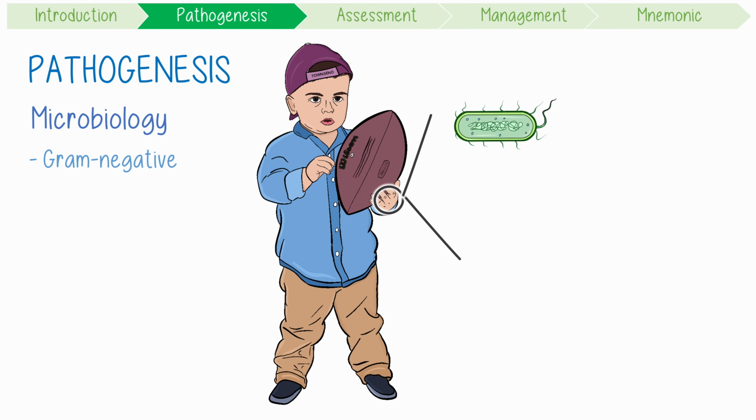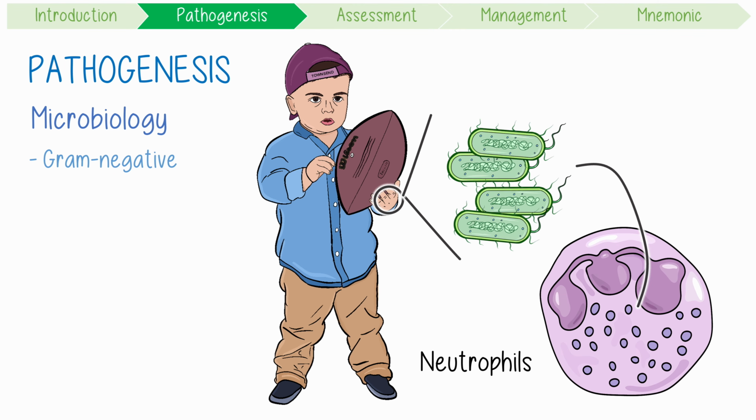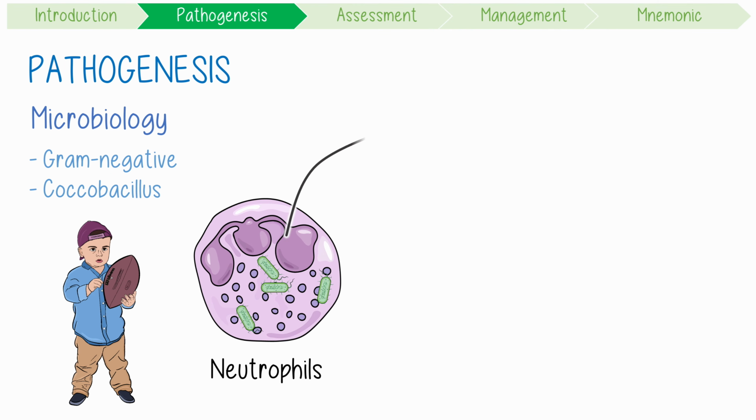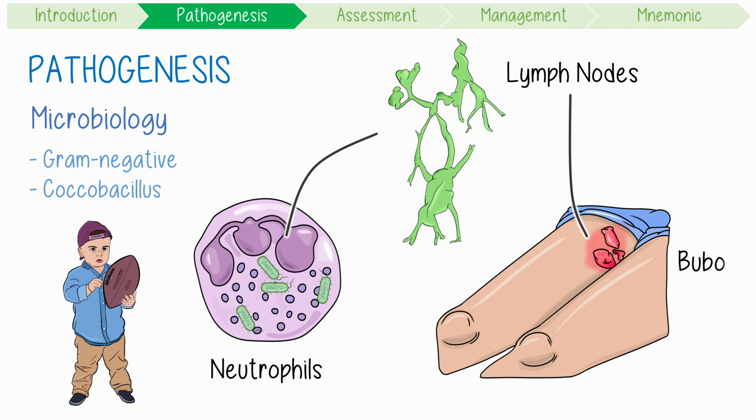From the site of the flea bite, the bacteria spreads rapidly, surviving and replicating in neutrophils, which then travel up to the lymph nodes. Here, it massively replicates again, causing swelling of the lymph node and periglandular region, known as a bubo. The bacteria continues to spread sequentially, eventually resulting in massive septicemia.